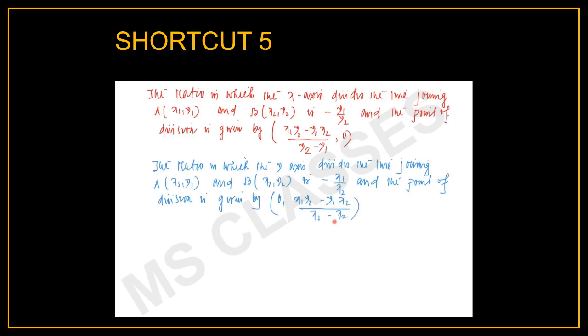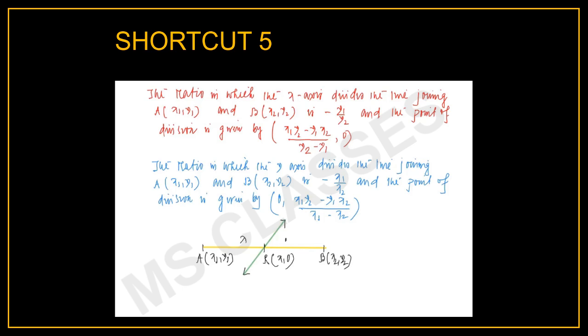If you want to understand logically, then also it is a very simple thing. Here is the point A, which is x1 y1. Here is the point B, which is x2 y2. Now consider that the x-axis is dividing the line segment. So the point which will be dividing will have x comma 0.